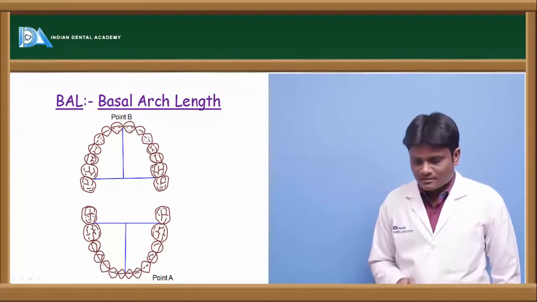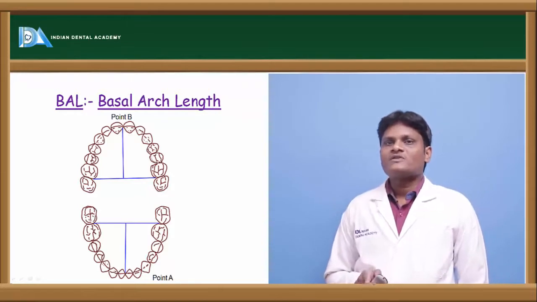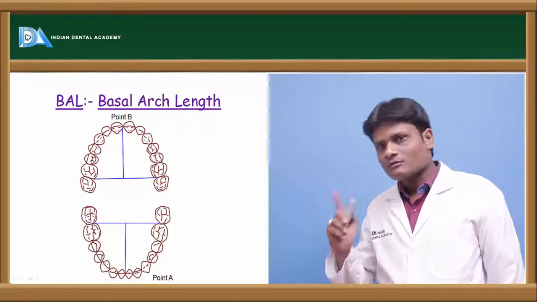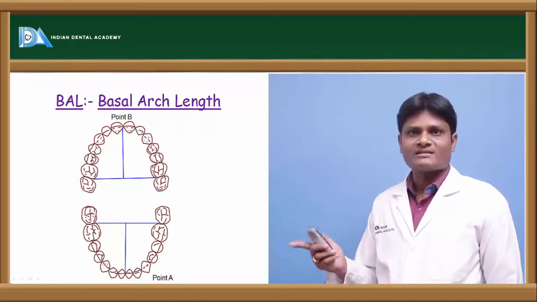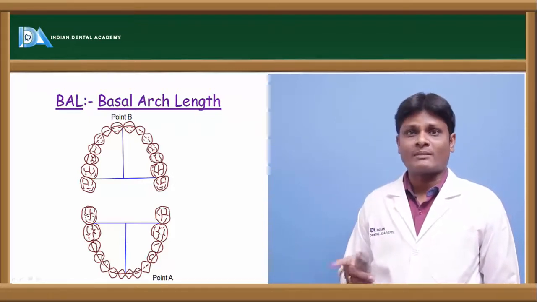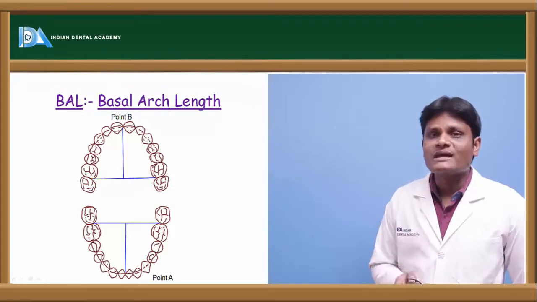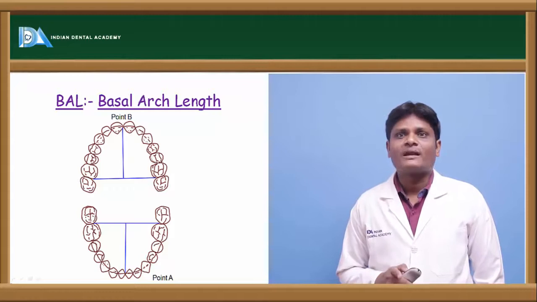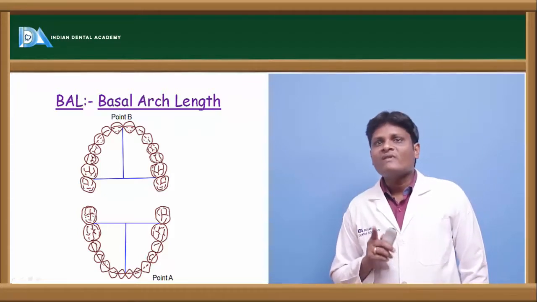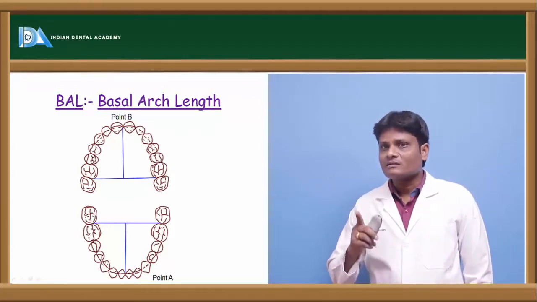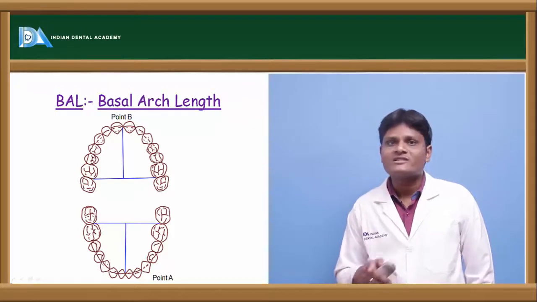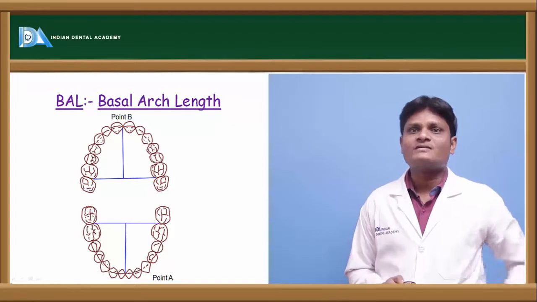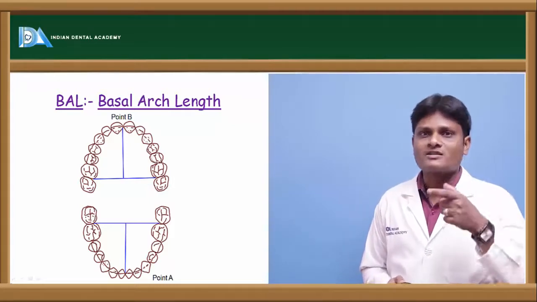We draw a line tangent to the distal surfaces of the maxillary first permanent molars in the maxillary arch and the mandibular first permanent molars in the mandibular arch, and to this tangent we draw a perpendicular that passes through the midline. Now we measure the distance from this point on the tangent to the midline of the dentition. This gives the basal arch length.